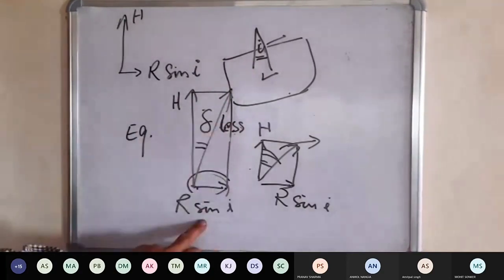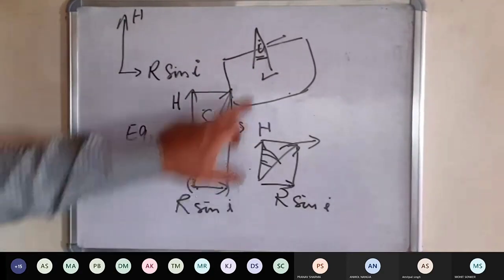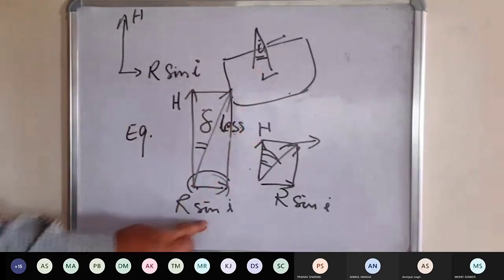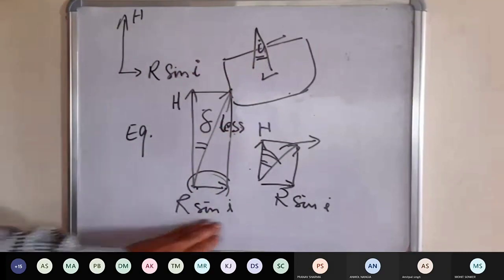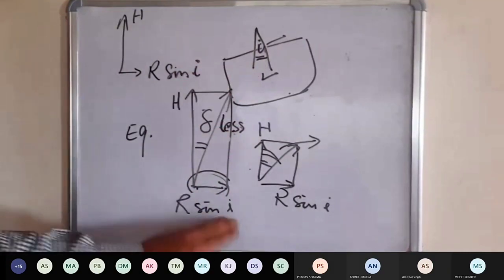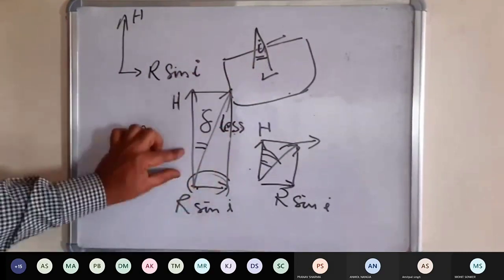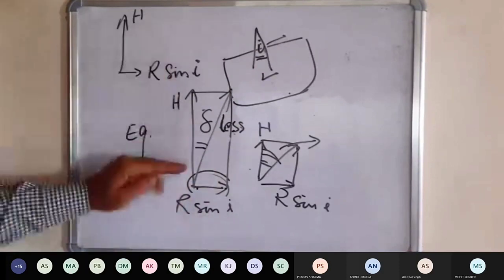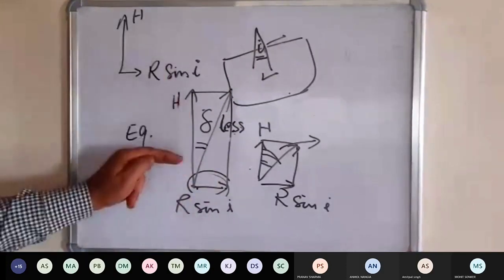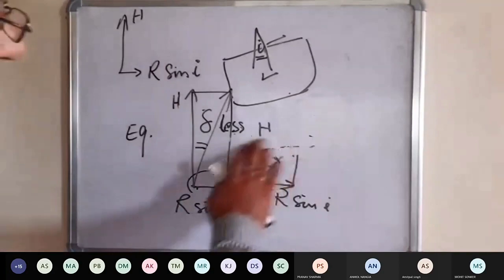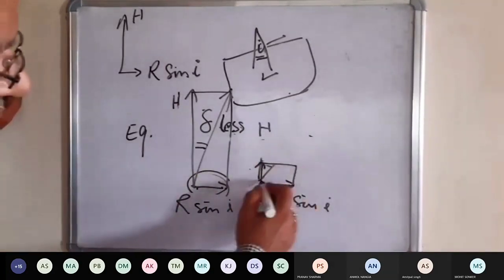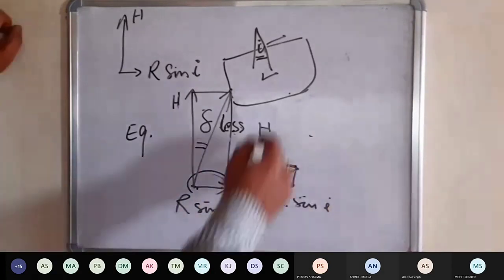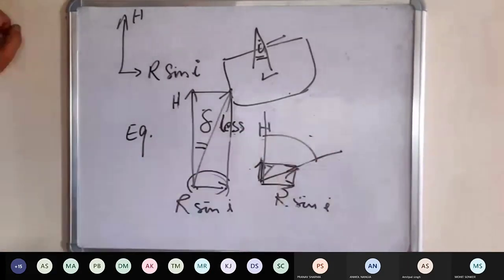Why? Because R sin I remains constant. R is a constant. We are taking the same amount of heel, and so R sin I is constant. But as we go up in the latitude, the value of H changes. So अगर और भी नीचे जाएं और भी छोटा कर दें तो deviation इतना हो जाता है. As you can see, this is the deviation.